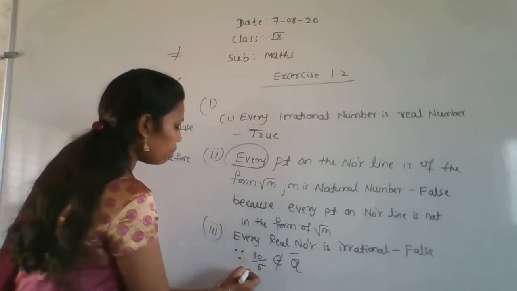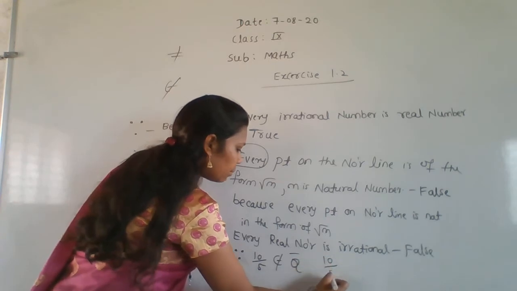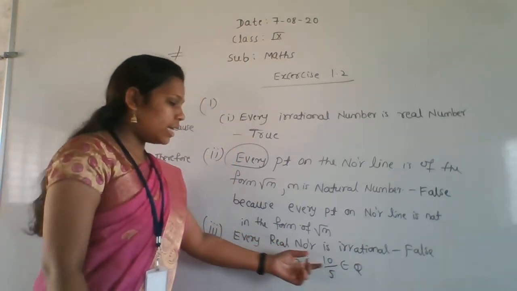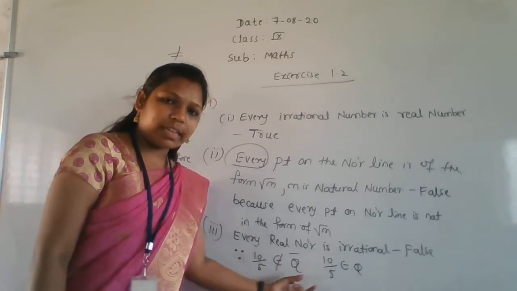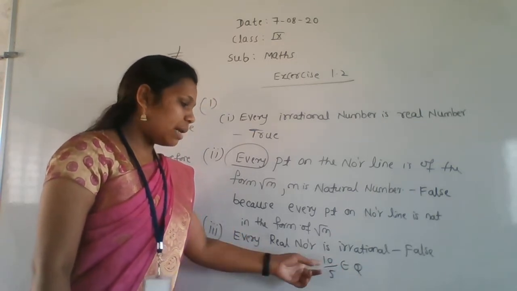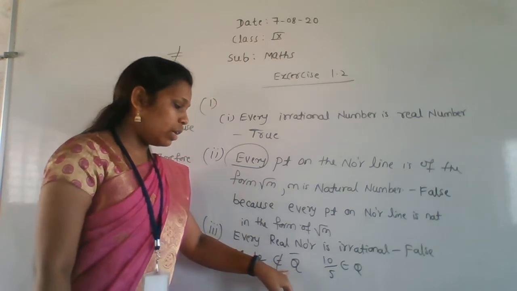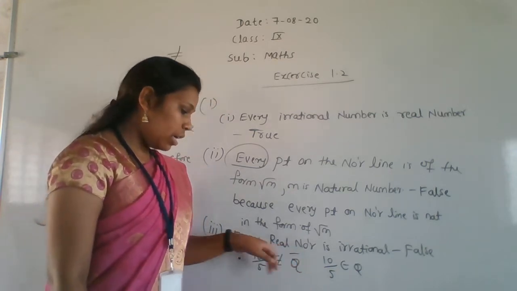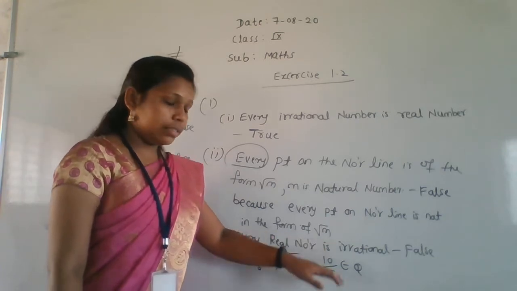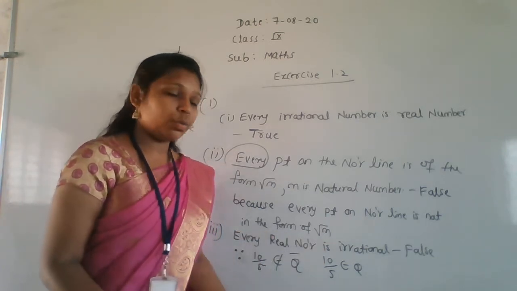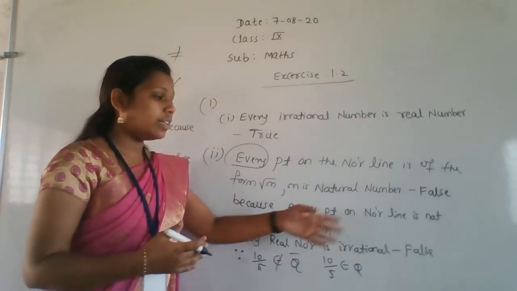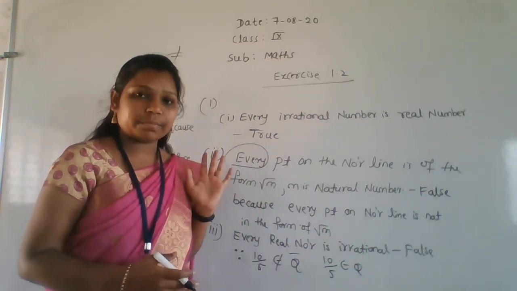This is the irrational number symbol. This is the belonging symbol. Not belonging means you have to cancel it, like when not equal to means you cancel the equal sign. So you write the belonging symbol and cross it, and it becomes not belonging. So 10 by 5 does not belong to the irrational numbers. A real number contains both rational numbers as well as irrational numbers. So 10 by 5 belongs to Q, but it does not belong to the irrational numbers. So every real number is not an irrational number. They told every real number is irrational, so that's why it is a false statement.